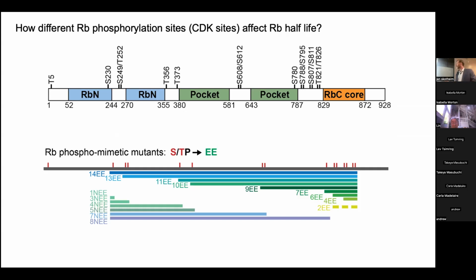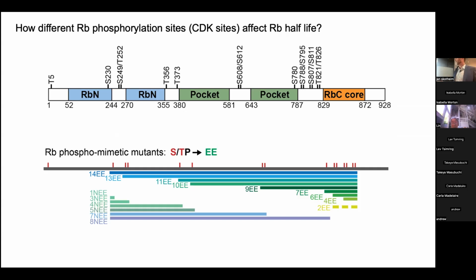To figure out the phosphorylation part, Shiwan generated different versions of the RB protein that can be expressed from our DOX-inducible system, where we've mutated away the various phosphorylation sites for cyclin-dependent kinase and replaced them with phosphomimetic sites. This is like mimicking a constitutive phosphorylation on that site.